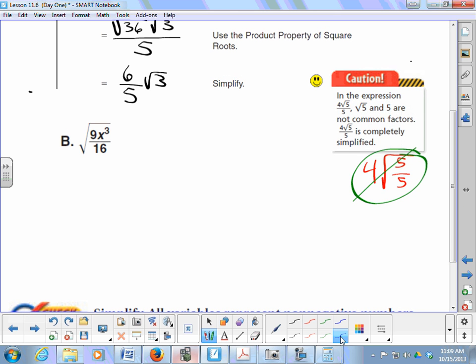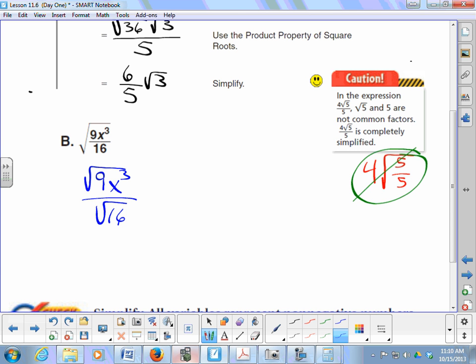Okay, square root of 9x cubed over 16. First thing, look to see if we can simplify it. All right, does 9 go into 16? No. All right, so I can't. So I'm going to use the quotient property to write them as two separate radicals. Now, in the numerator, I have two different things, right?